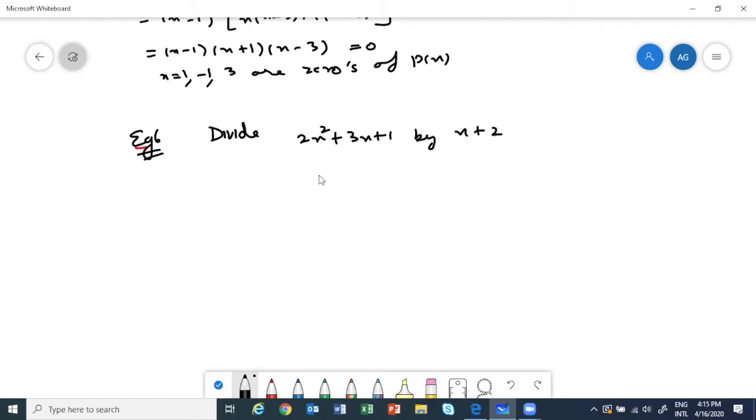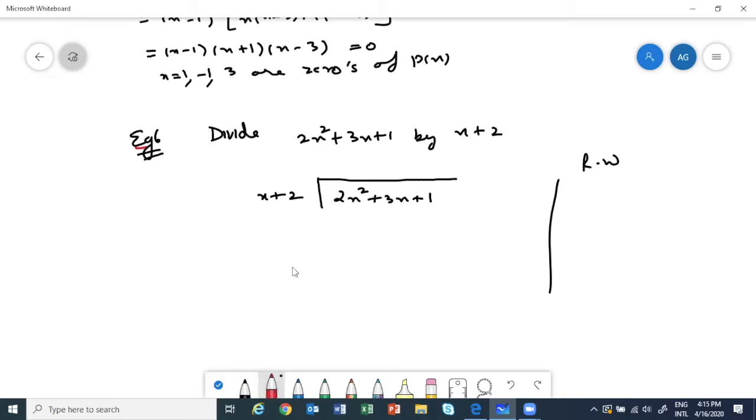So this time when I do division, see, all those who don't know division. 2x square plus 3x plus 1. Okay, we have to divide by x plus 2. So what should be our quotient? In rough work, what do we do? We always want to first eliminate the highest term, no?